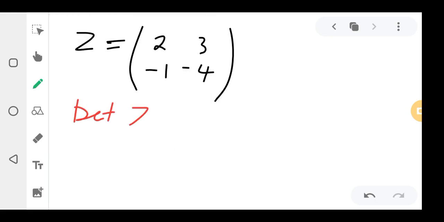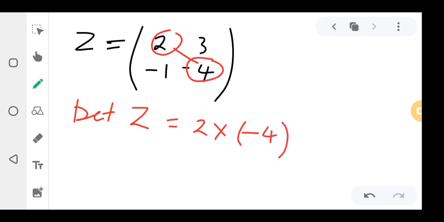So you say determinant of the letter Z is equal to, you remember, you multiply this one times the one that is down here. So you multiply 2 times negative 4. Have you seen? 2 times negative 4. When you reach here, this negative 4, you put it in brackets. Why? Because there's times and negative.